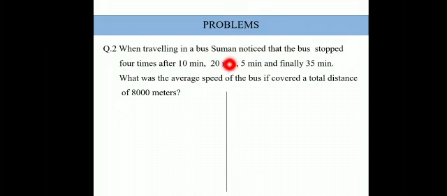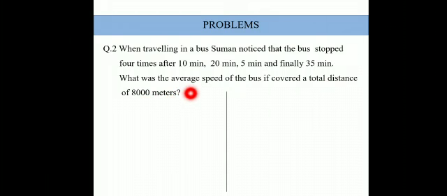But if we want to find the constant speed for the entire journey, we call it the average speed. So what was the average speed of the bus if it covered a total distance of 8,000 meters? The bus traveled 8 kilometers. 1 kilometer is 1,000 meters, so 8,000 meters is equal to 8 kilometers.